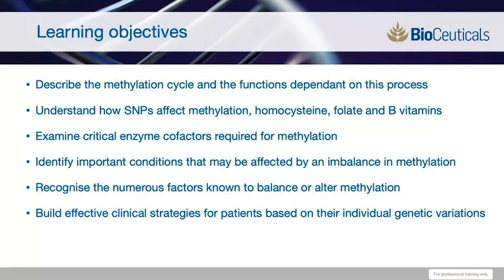These are the health and disease outcomes that we know are influenced by methylation. And to recognise the numerous factors known to balance or alter methylation, in addition to the SNPs and folate and B vitamins, and to build effective clinical strategies. You will get more of that when we really get into the case study as well.